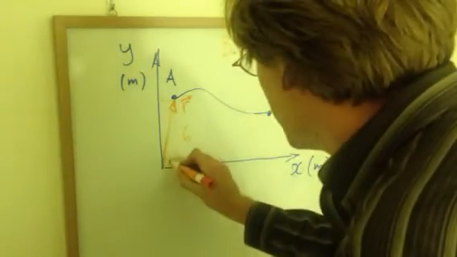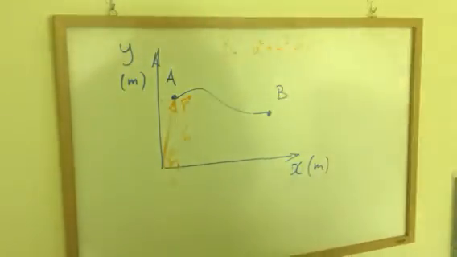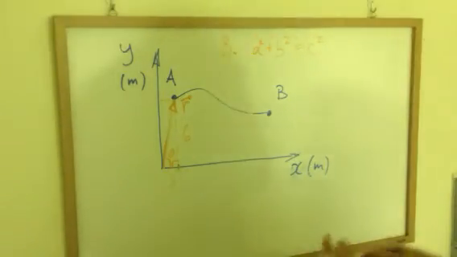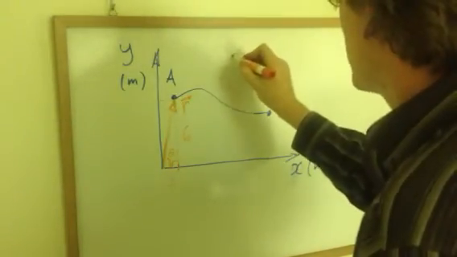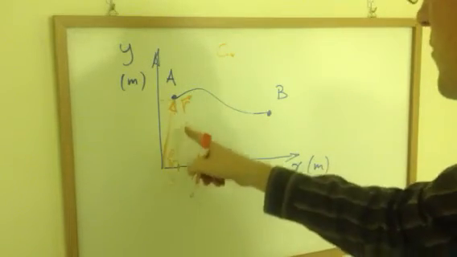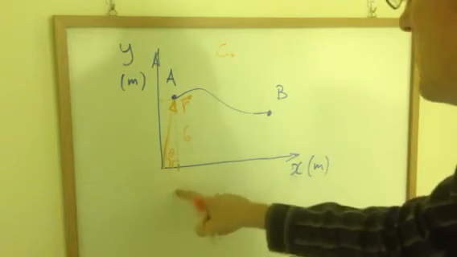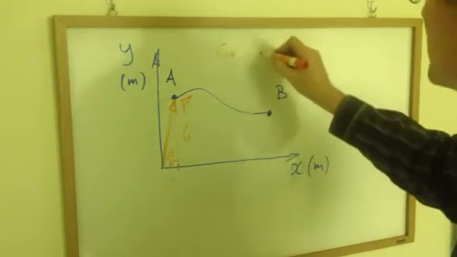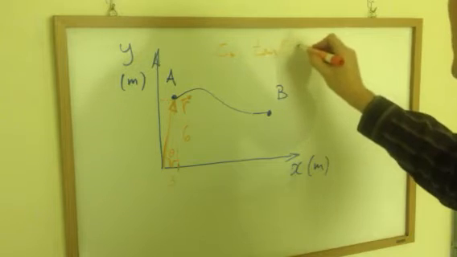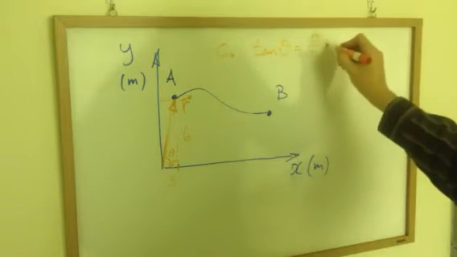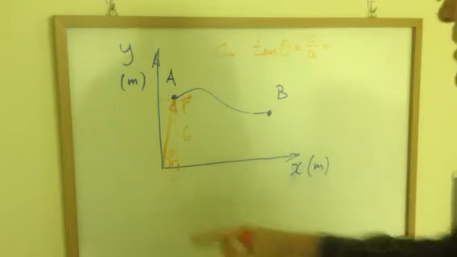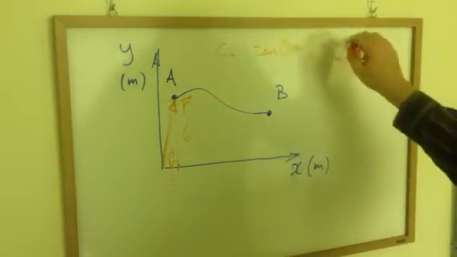Part C, what's the direction of the position vector at A? Well, the direction would be this angle theta. Since we know the adjacent and opposite side, when you know a vector's horizontal and vertical components, you can figure out this angle. You can use tan theta is equal to opposite over adjacent. The opposite side is the vertical component, and the adjacent side is the horizontal component.